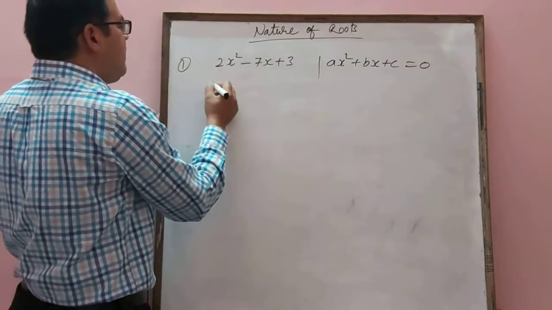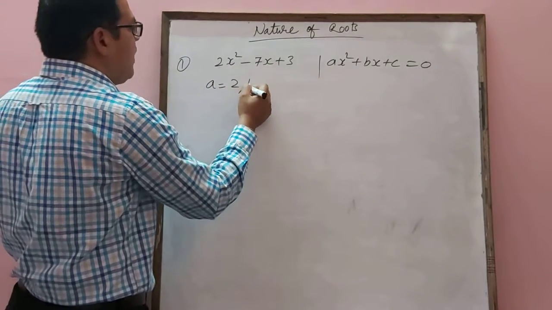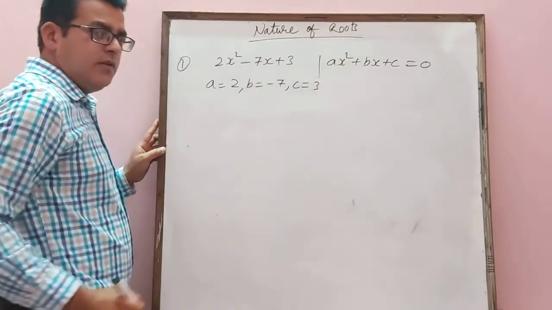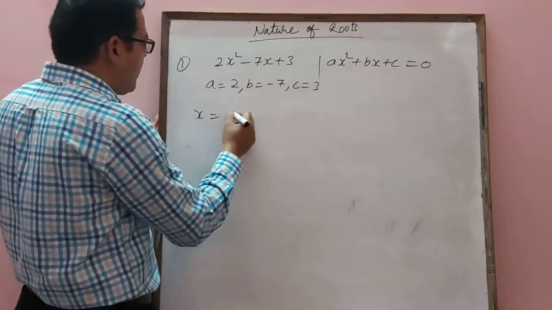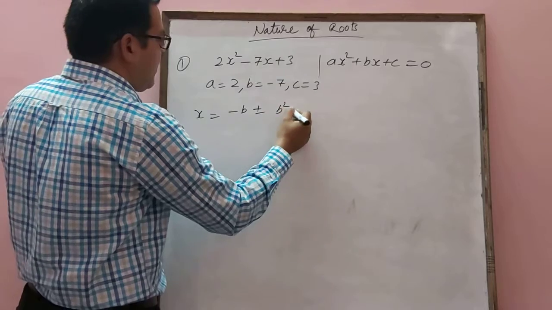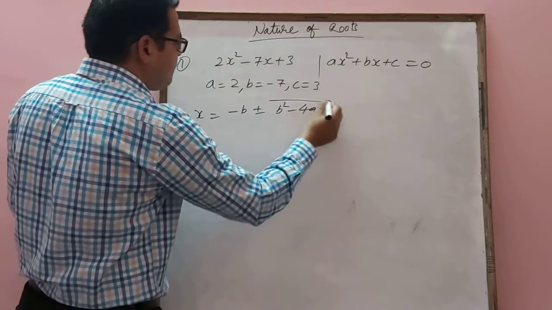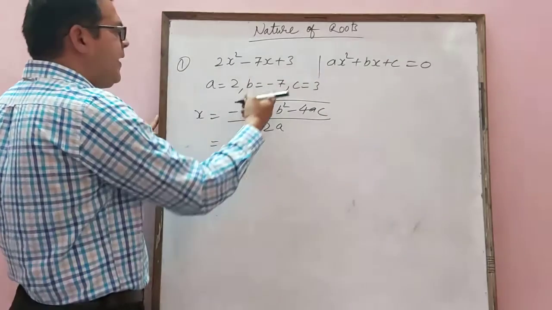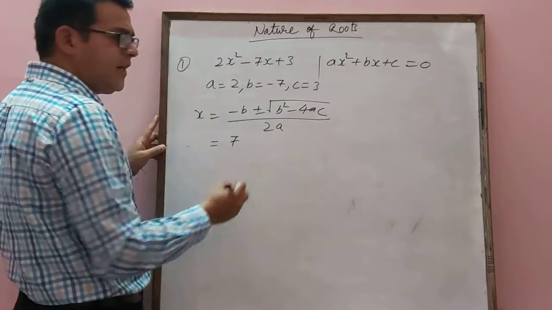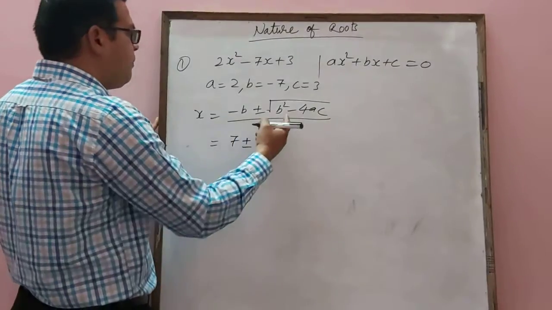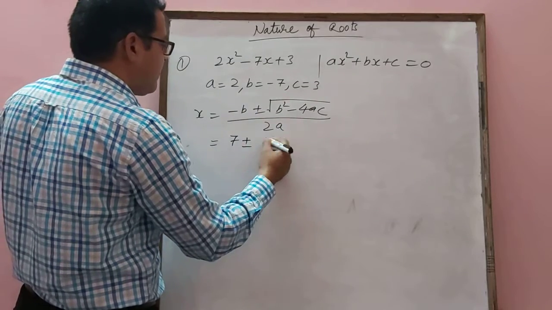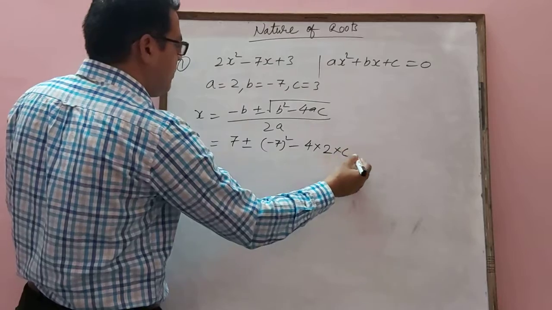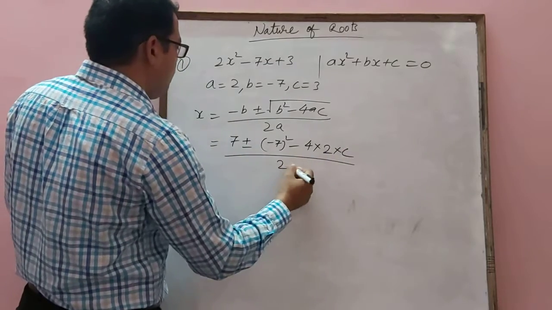After comparison, the value of a is 2, the value of b is minus 7, the value of c is 3. Now by using the quadratic formula, let me write the quadratic formula first. This is the quadratic formula. Now the value of b is already negative, so we can write here plus 7, then plus minus the square root of b square, meaning minus 7 square, then minus 4 into a, meaning 2, into c, meaning 3, and downside 2 into 2.